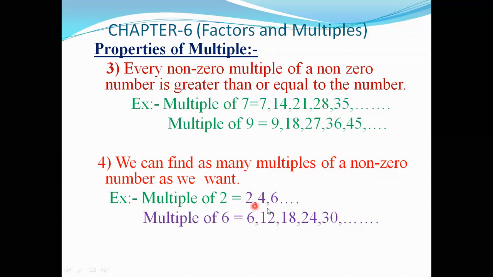Multiples of 2 are 2, 4, 6 and so on, which means there is no end. Every number has infinitely many multiples. Similarly, multiples of 6 are 6, 12, 18, 24, 30 and so on. There is no limit to multiples of 6 also.